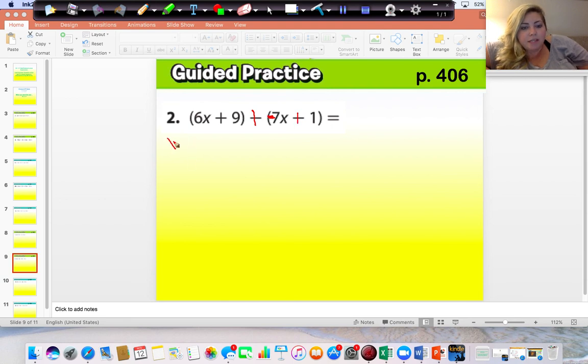So now we've got 6 x's and 9 positives. 6, 7, 8, 9. And negative 7 x's.